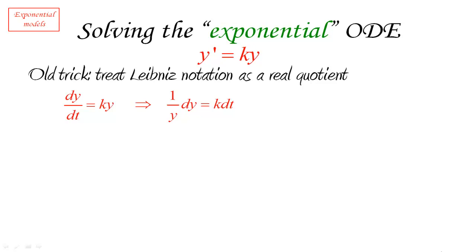Now you'll notice that there are a few technical items here that really need to be checked out. We're not going to do that. Again, we're not too interested in the minute technical details. One of the details is the fact that we have cross-multiplied, even though the Leibniz notation is the notation for a derivative, not a real quotient.